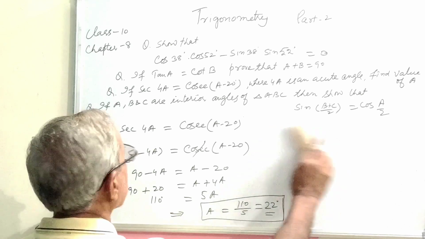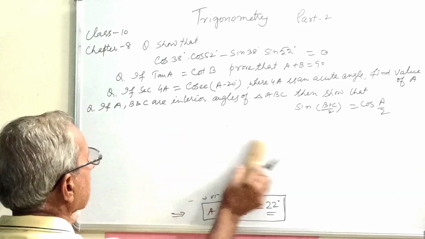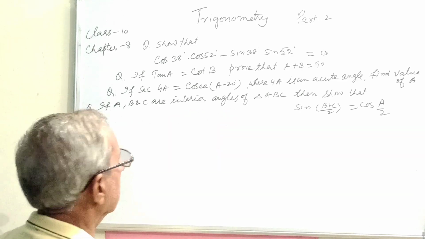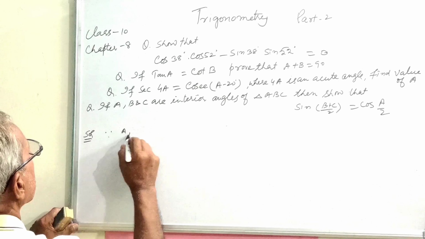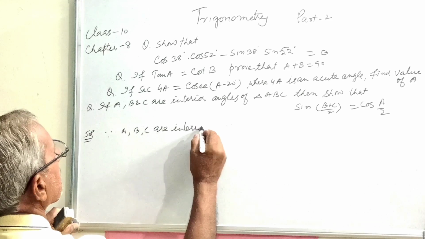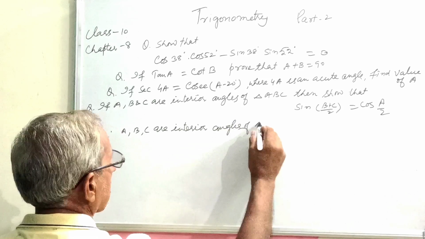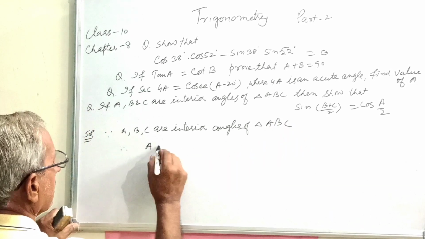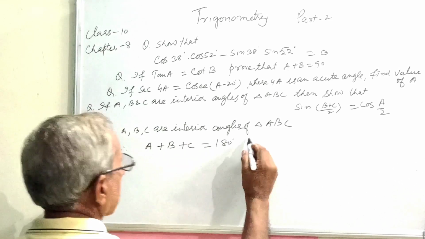The fourth part, the next part, that is, if A, B, C are interior angles of triangle ABC. Since A, B, C are interior angles of triangle ABC, therefore angle A plus angle B plus angle C will be 180 degree.